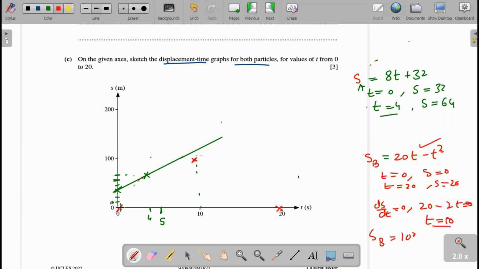Now we join these points. And this is the graph of the particle B displacement. This is the displacement time graph.